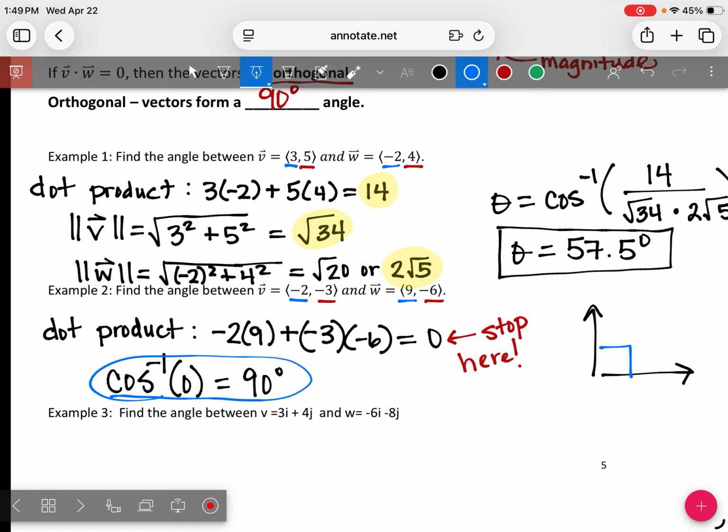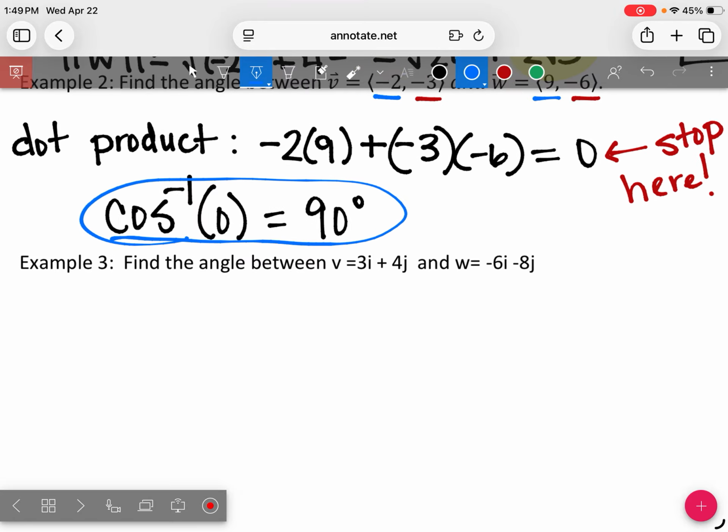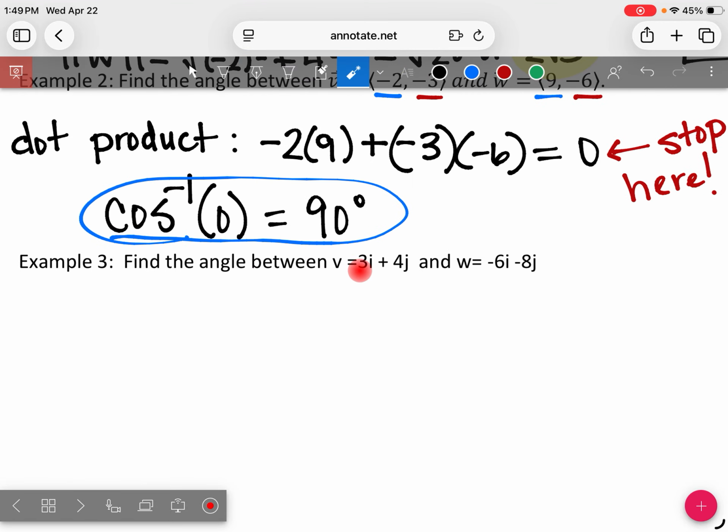All right, go ahead and start example 3. Try to do the whole thing by yourself. But I'm going to get you started because I know you might get confused in the beginning. But for vector V, notice it says 3i plus 4j. Remember, 3 is your horizontal, 4 is your vertical. So you could just write it as V 3, 4.